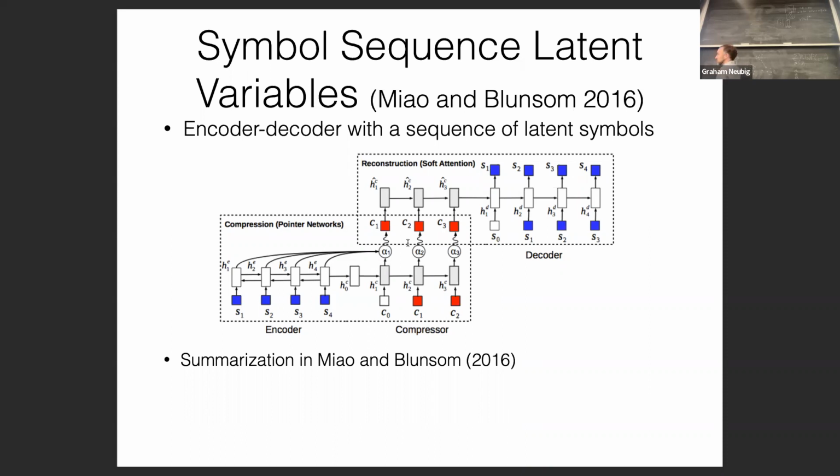Number two, they have a prior, a language model prior. It's probably better to call these Z1, Z2, and Z3, because these are the latent variables. So what is the prior over Z here?